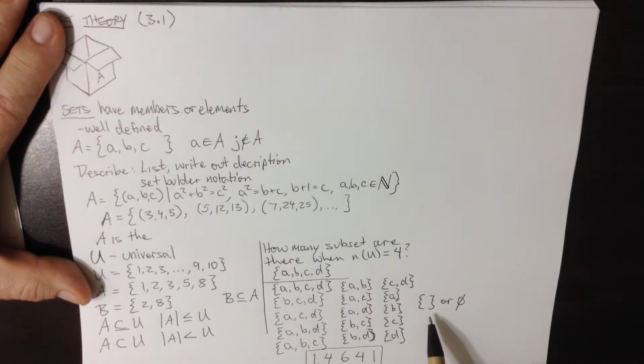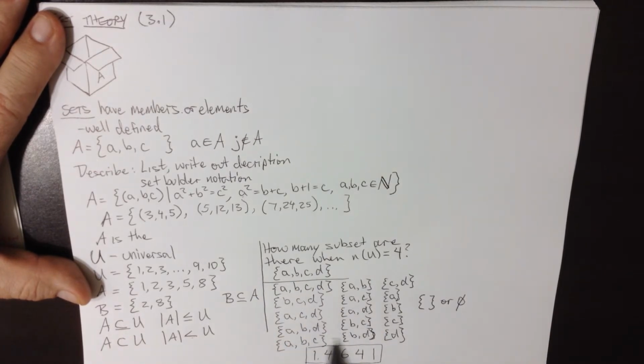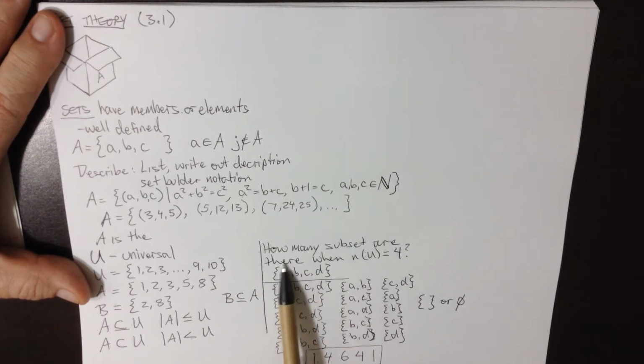Either one of these, not both together. That's the null set. So the empty set is one of the subsets of every set.